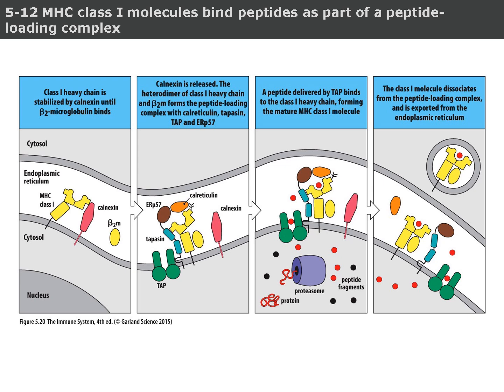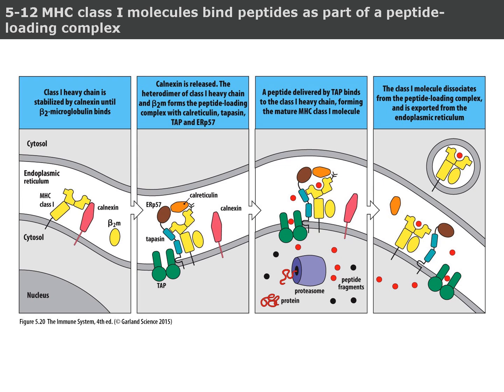This stability is maintained until beta-2 microglobulin binds. In the second panel, once beta-2 microglobulin binds, calnexin is released. The resulting complex joins with several other molecules, calreticulin, tapasin, ERp57, and TAP, to form the peptide loading complex.